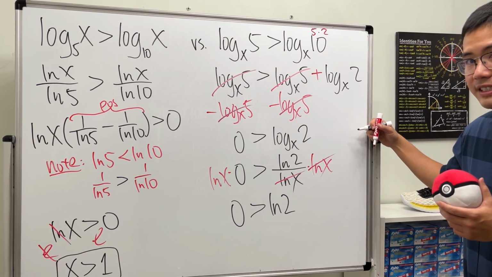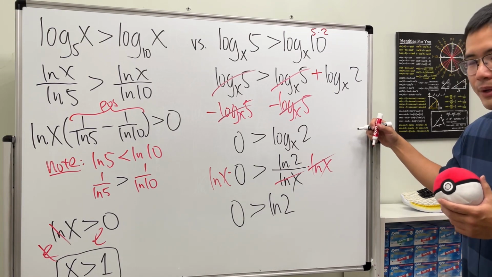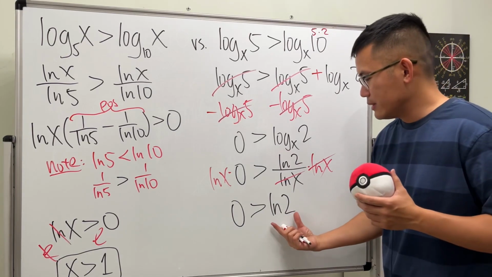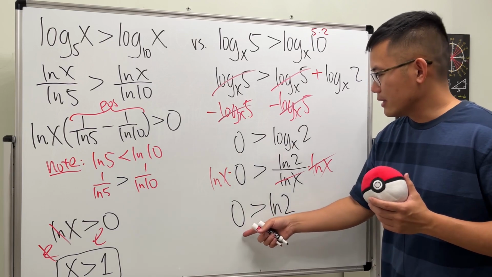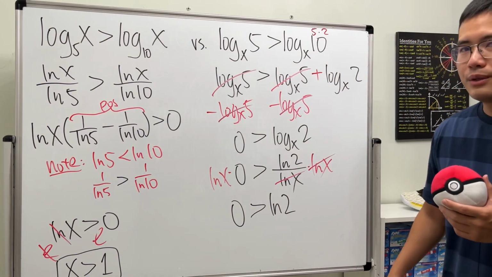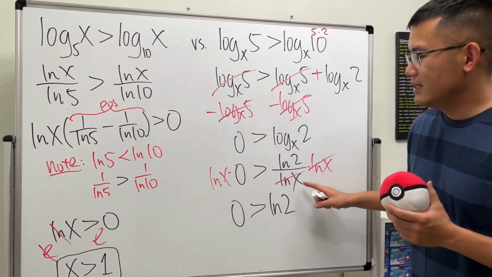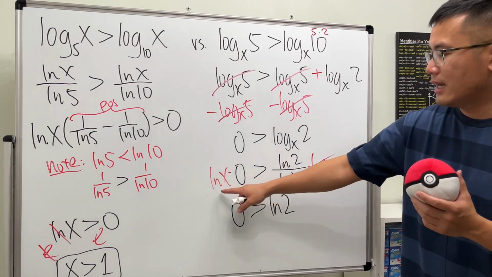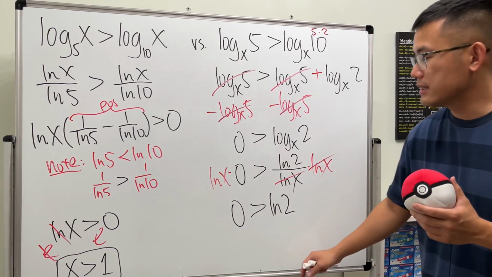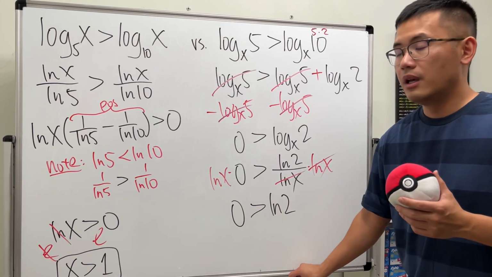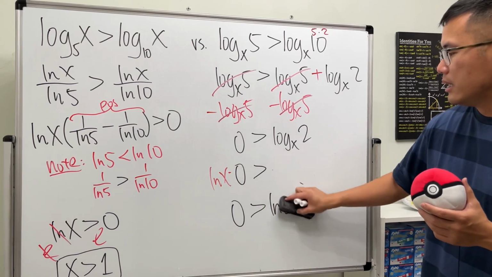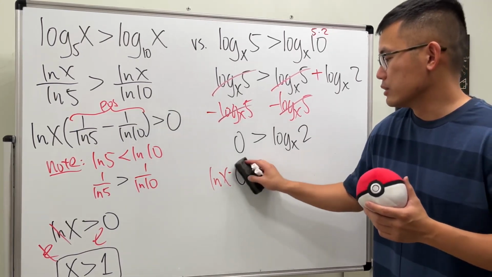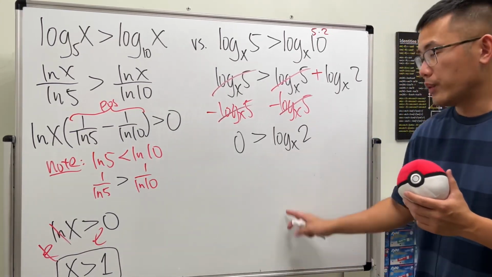Is this correct? No. This is about 0.693. So does that mean this inequality has no solution? No. It means that this step is actually incorrect. We are not allowed to multiply ln x on both sides without worrying about the inequality. Only when we have an equality can we multiply this on both sides, and you'll see that it's actually no solution, but that's not what we have here.